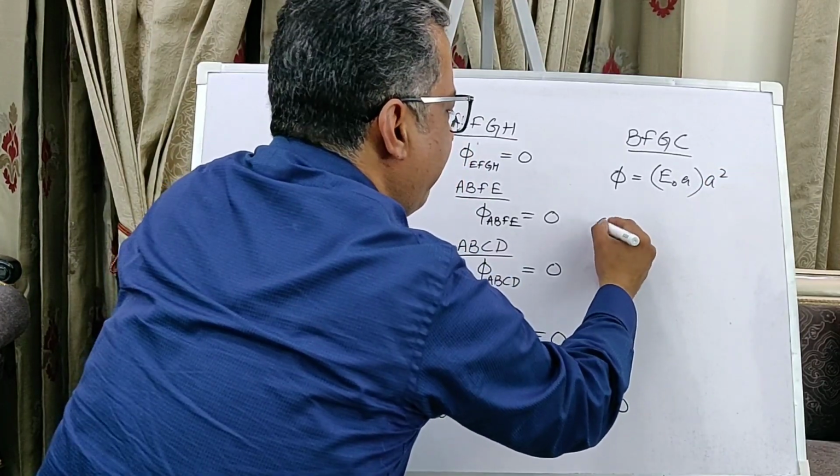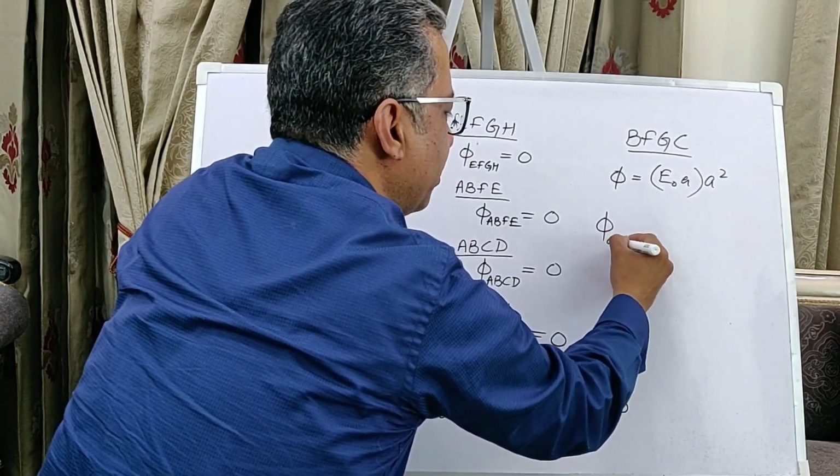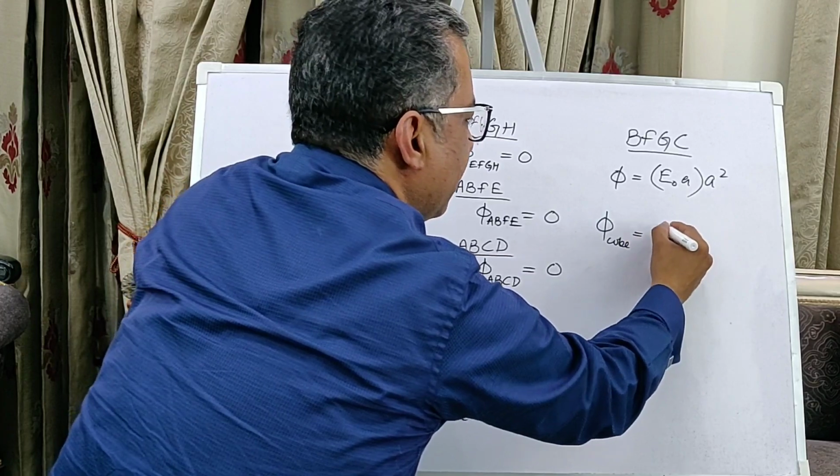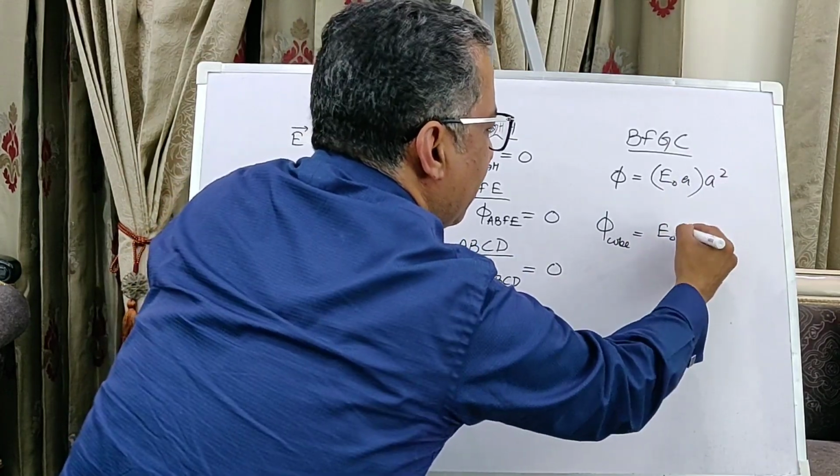and therefore the total flux through the entire cube equals E naught times a cubed.